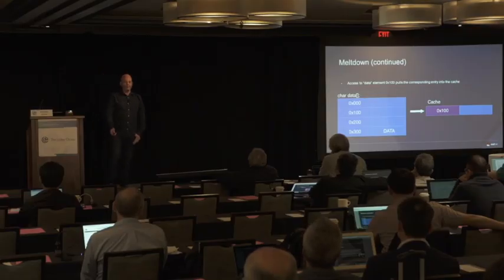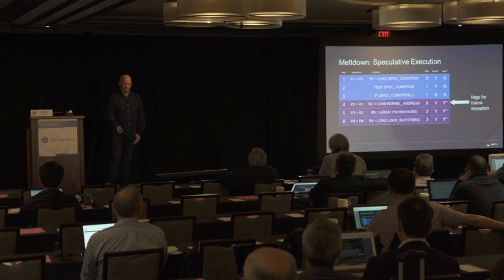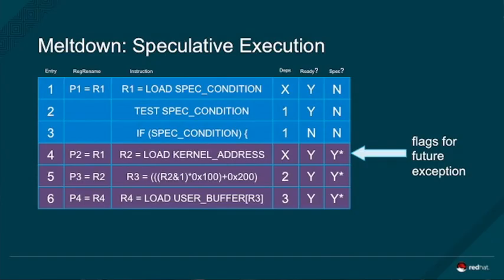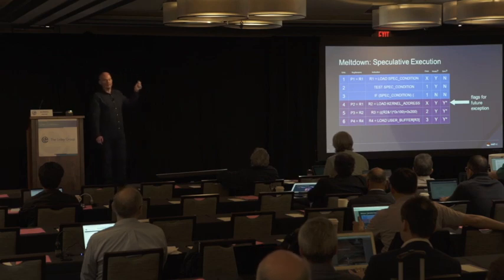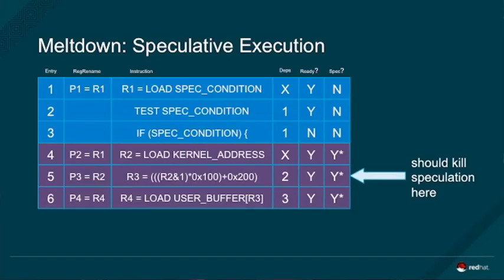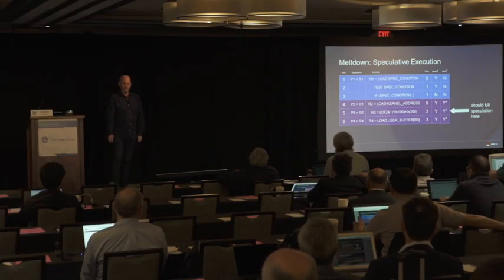I'll go through what happens underneath. I perform an access. The processor is going to say, at some point, I should flag this because this is an illegal memory access. It should kill it before I perform a second access, but it doesn't.